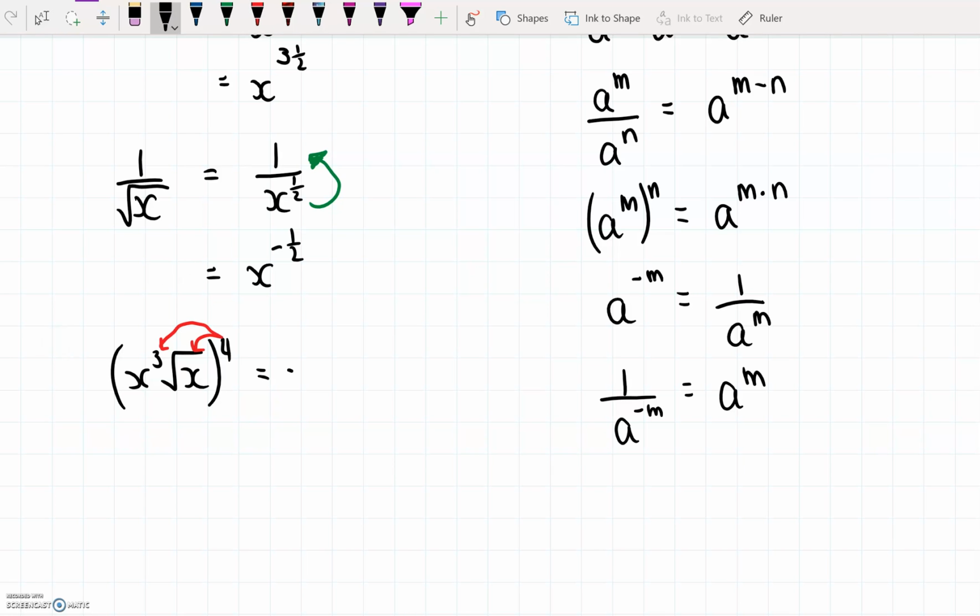So we now have x to the power of 3 times 4, times x to the power of a half times 4. So we're going to have x to the power of 12 times x to the power of 2. And that's going to give us x to the power of 12 plus 2, which is equal to x to the power of 14.